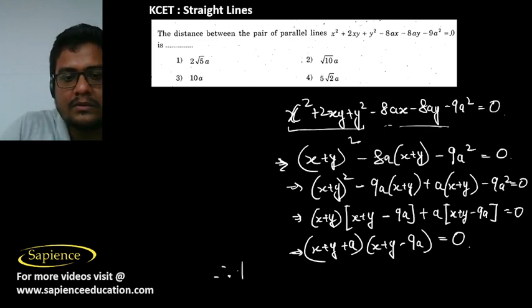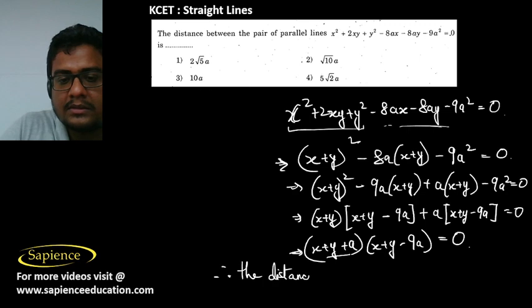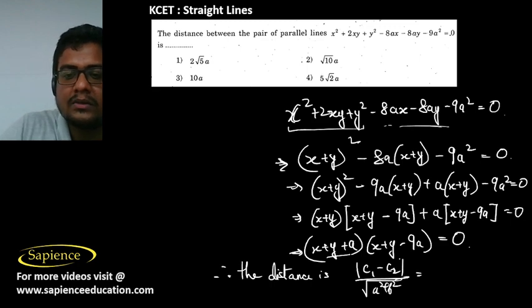Now the distance between these two parallel straight lines is the mod of c1 minus c2 by square root of a square plus b square, where a and b are the coefficients of x and y, and c1 and c2 are the constant terms.